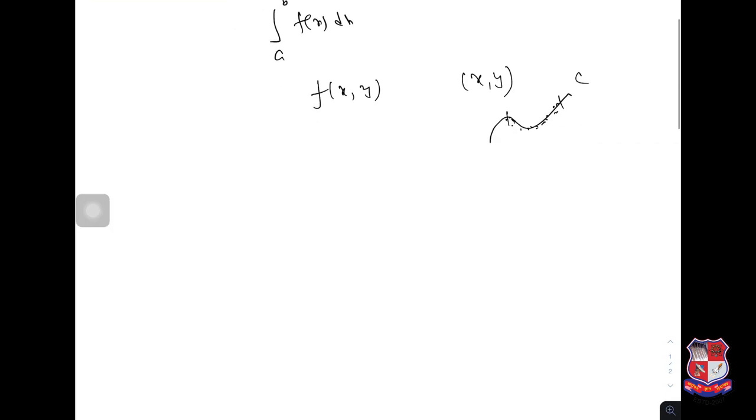Note that this is different from double integration.